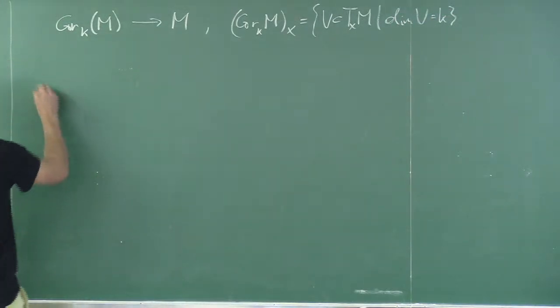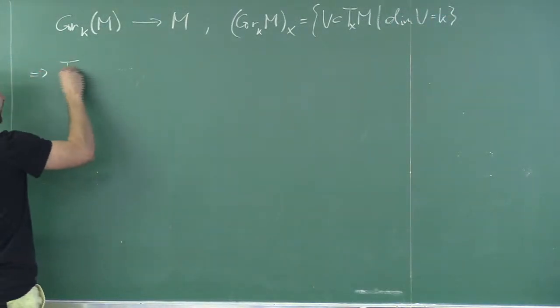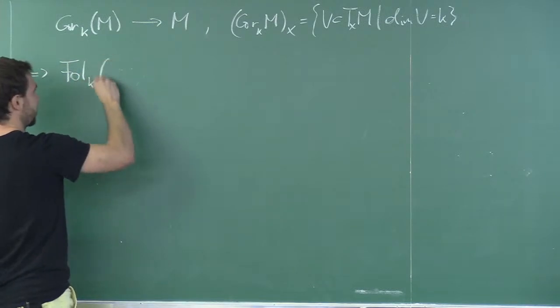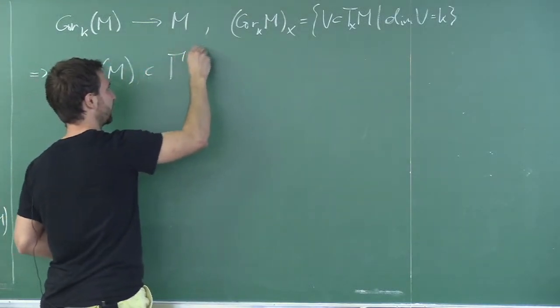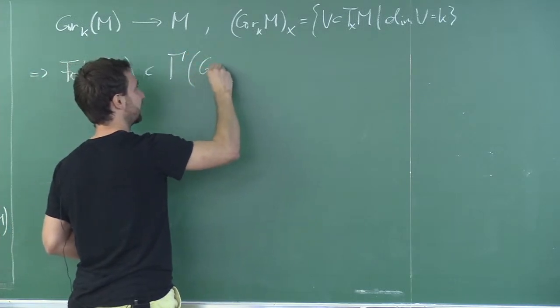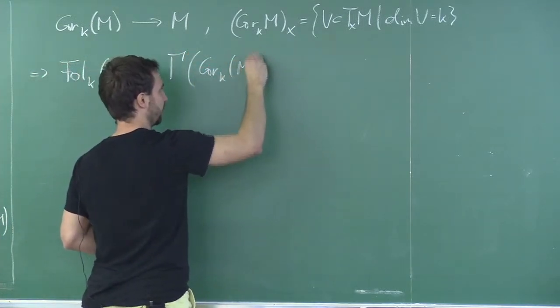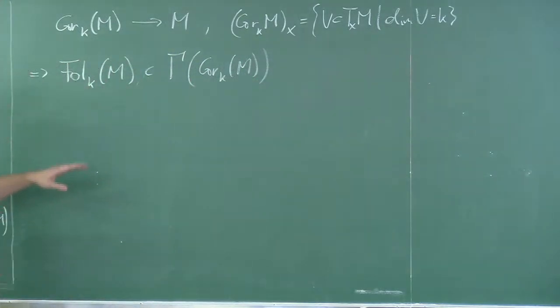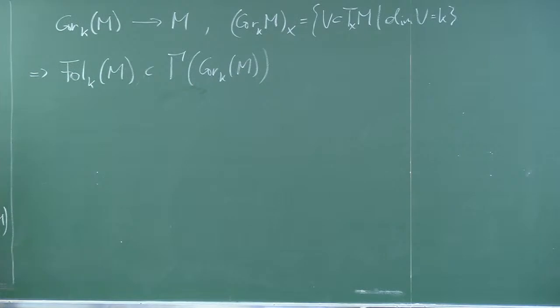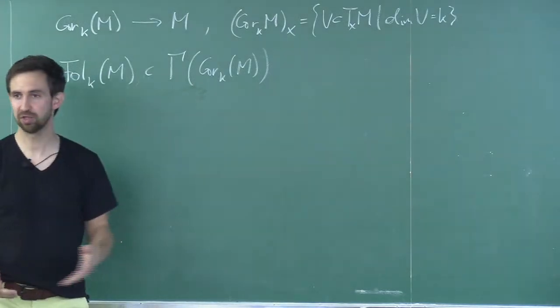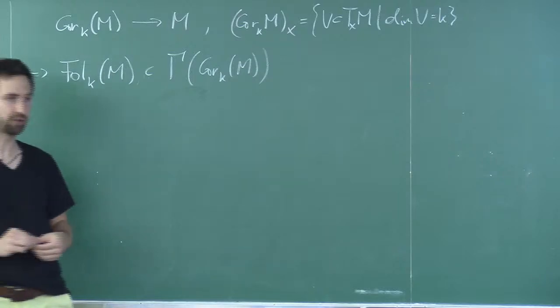And so in particular, we can understand foliations of dimension k on M as a subset of the smooth sections of this bundle. On the smooth sections, we have a natural topology, the C-infinity topology. And so the way we topologize our foliations will be by just taking the subspace topology correspondingly.